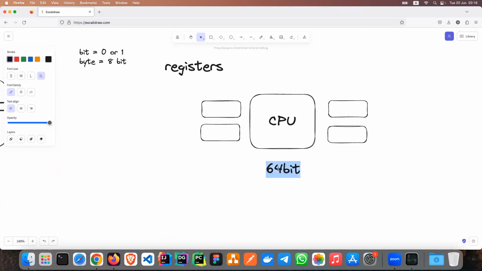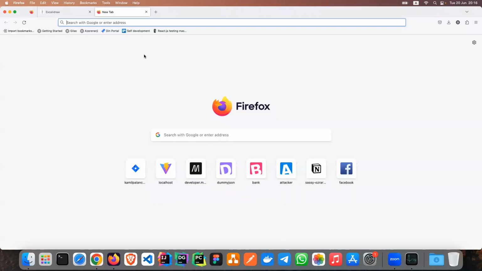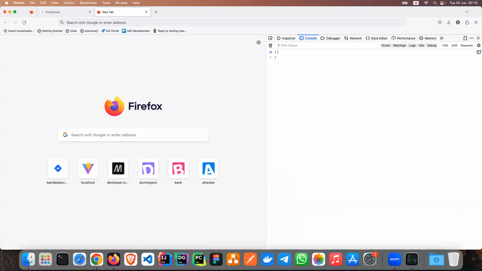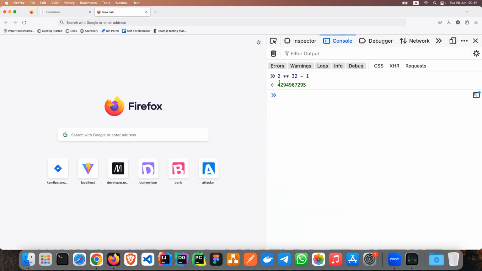Let's say I have 32-bit. Let's calculate what the maximum number is that I can have with 32-bit. Yeah, it's this number. If I have a 32-bit architecture, I can't have larger numbers than this.